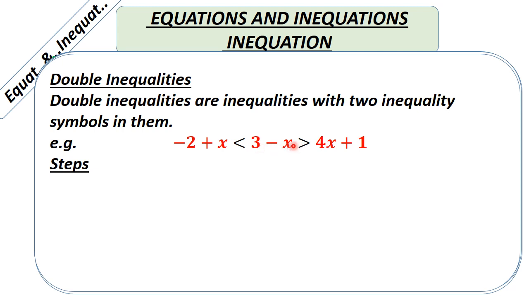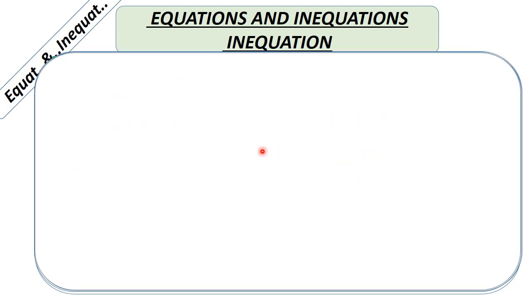Then again we do the same, but this time we start from here. We write everything after the first symbol, and up to the end. So we write everything from -2 to x and everything from 1 to 3, like so.